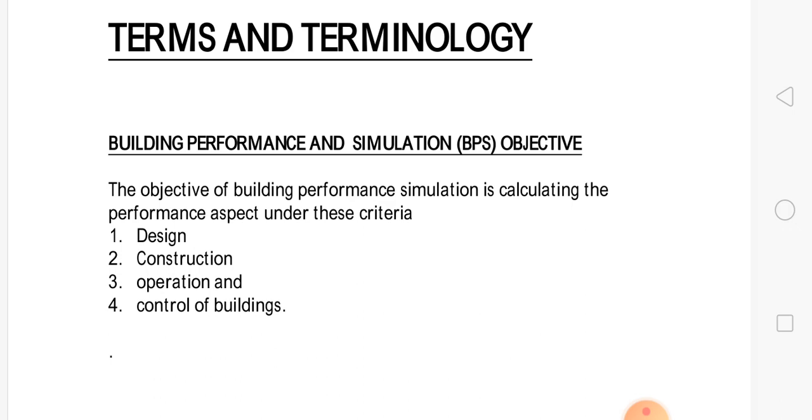At the stage of design, what data we are giving, construction stage, operation, and control of building. So all other stages form the collective data starting from design and operations.